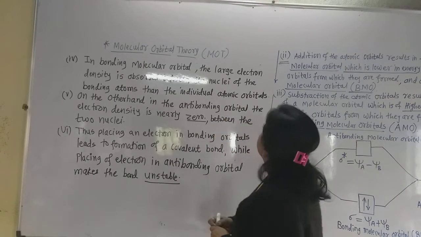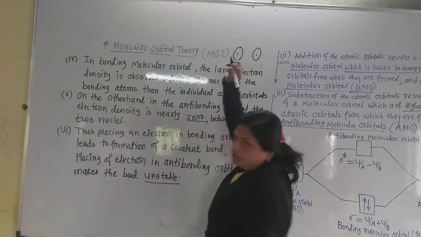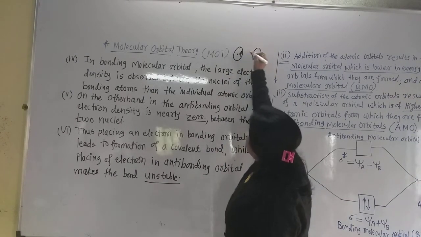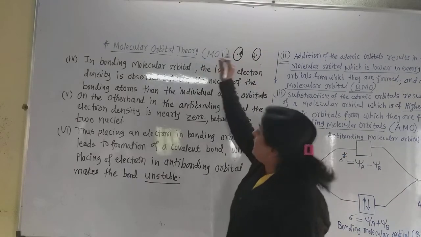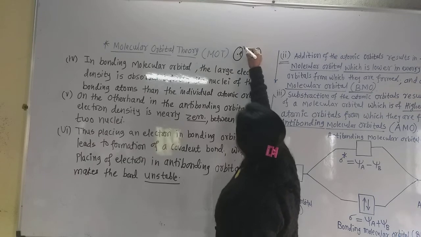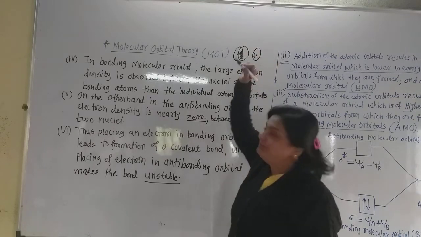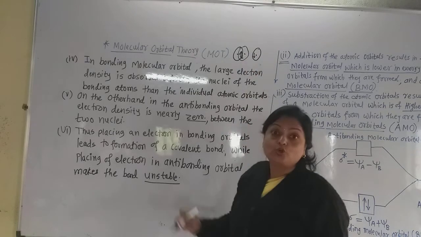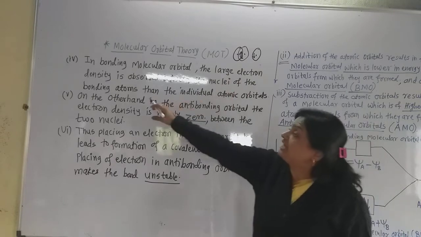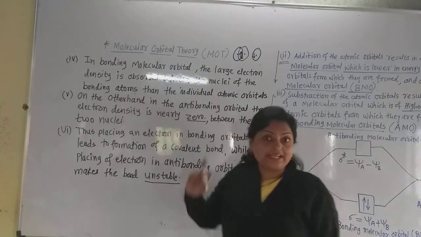Now see here, these are the 2 atoms that are going to form the molecule. These are the nuclei, and these are the electrons. They come together, and the electron density gathers when they overlap with each other, here between the nuclei of the 2 atoms. So in the bonding molecular orbital, the large electron density is observed between the nuclei of the bonding atoms.